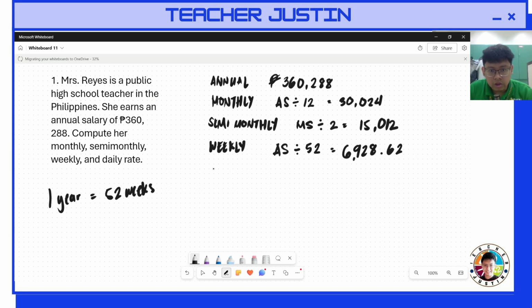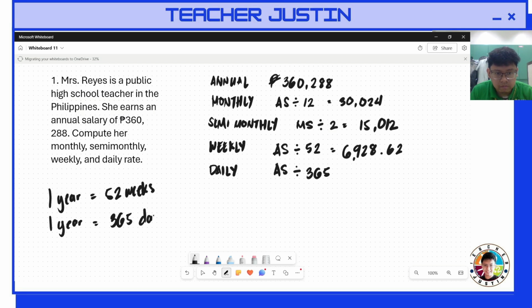Ayan. Okay, and then let's solve for the daily rate. So daily rate will be the annual salary divided by 365. So again, take note that in 1 year, we have 365 days.